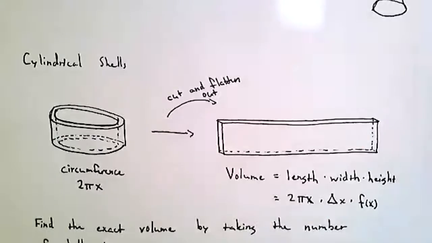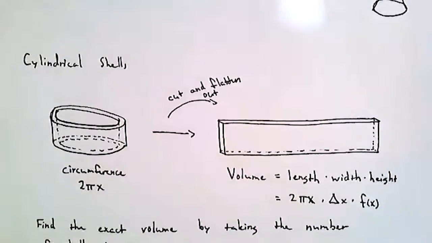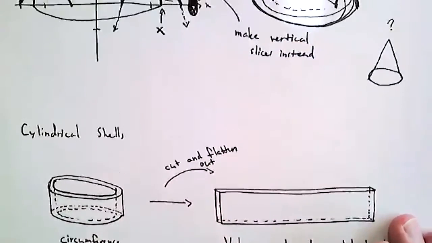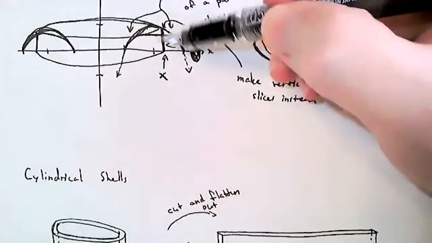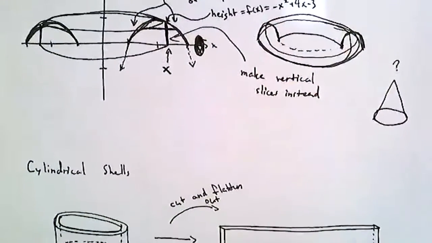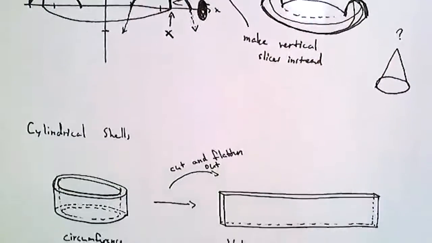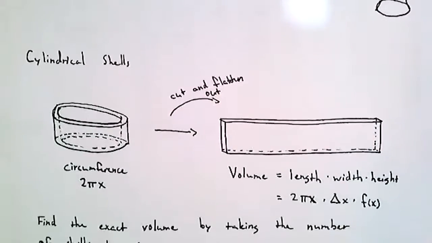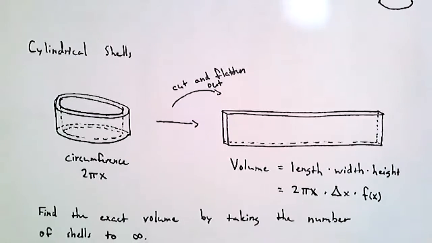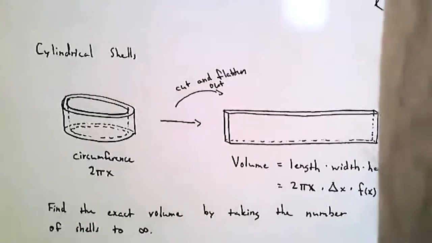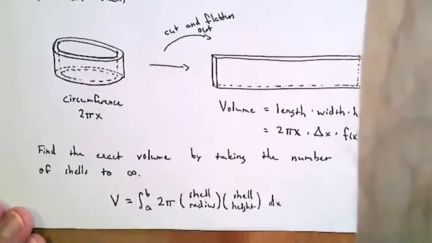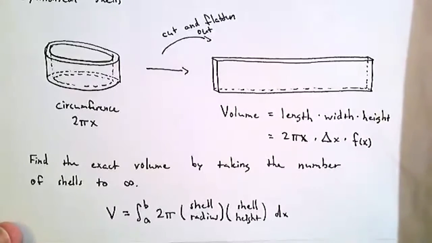Okay, so if we wanted, we could make lots of cylindrical shells. We could make lots of slices in our picture. Maybe we could do 10 slices, and we could get an estimate for the volume. We could add more slices. We could do 20 or 50, whatever, and get better and better approximations, just like with Riemann sums and integrals.